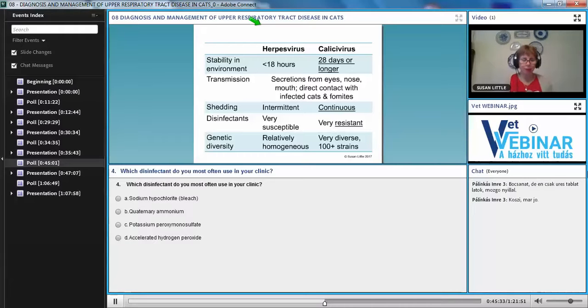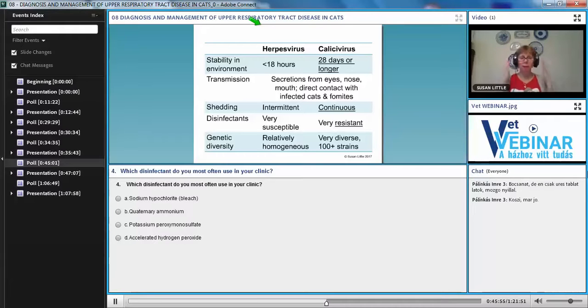It could be potassium peroxymonosulfate. That gets sold under brand names like Virkon or Trifectant, probably some other brand names. Could be an accelerated hydrogen peroxide product. That also gets sold under a variety of brand names. Accel, A-C-C-E-L, Accel is one of the brand names.